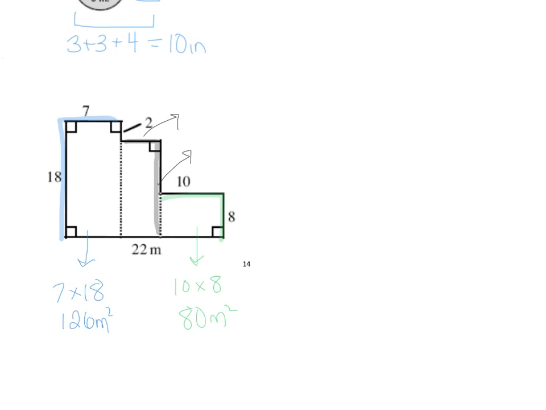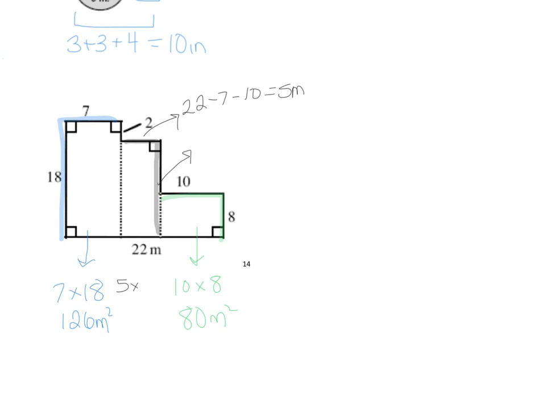To figure out the short side, we know that the whole figure is 22, because of the bottom number at the very bottom. We also know that the rectangle on the left has a short side that's 7, and the rectangle on the right has a short side that measures 10. That leaves 5 meters for the short side. So we know 5 is the short side.